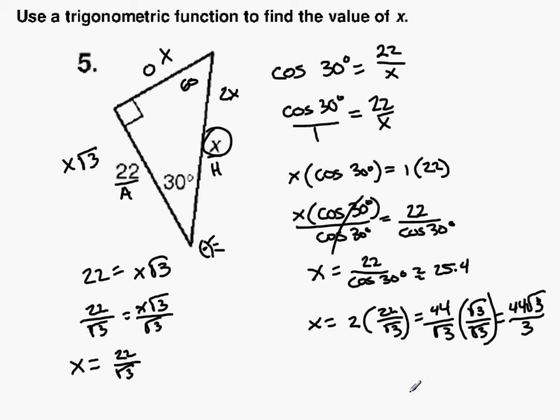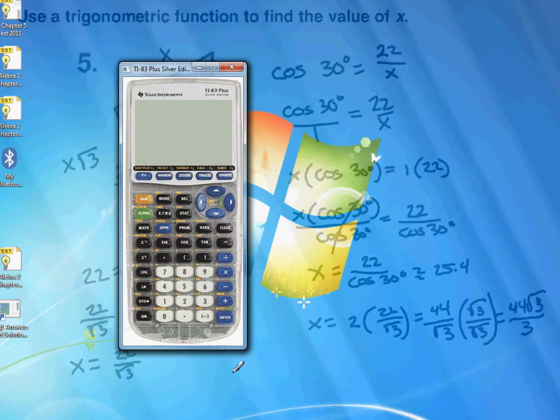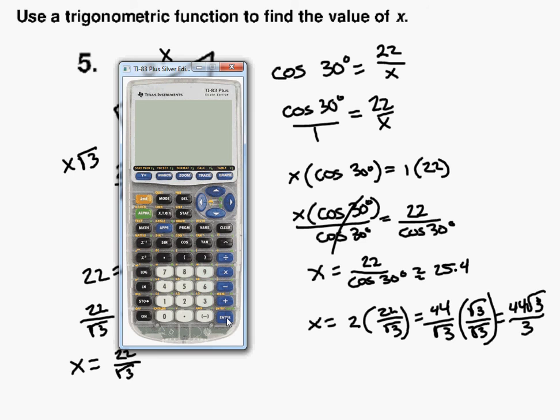And again, taking my calculator, let's see if that comes up to be approximately the same. So if I went 44 times square root of 3, and then take that answer and divide it by 3, guess what?